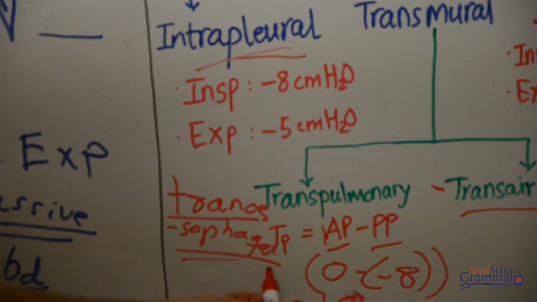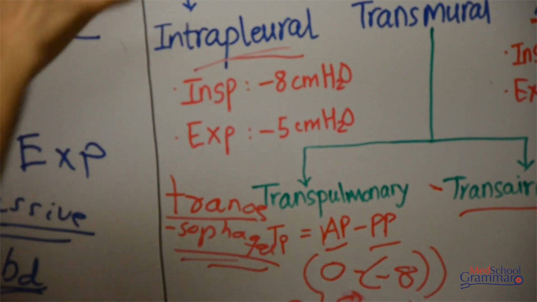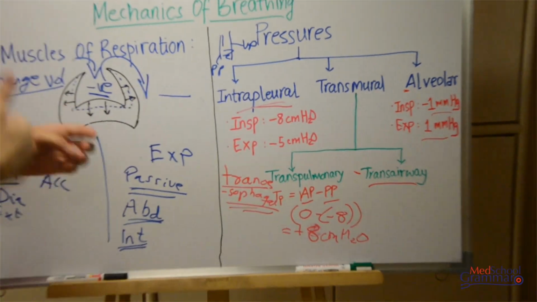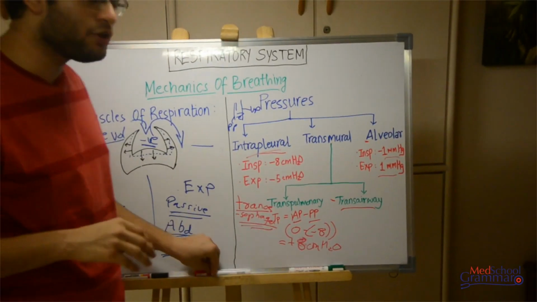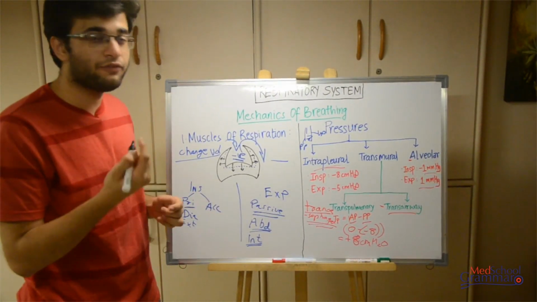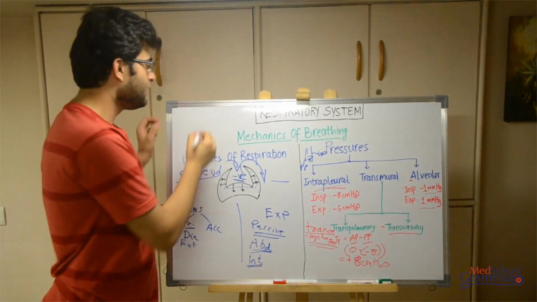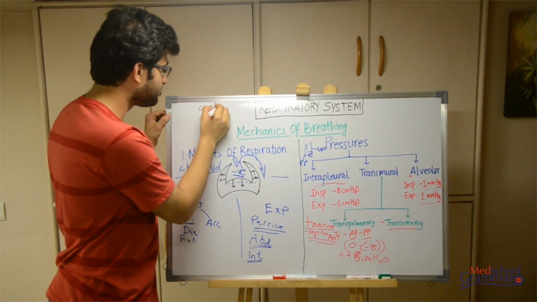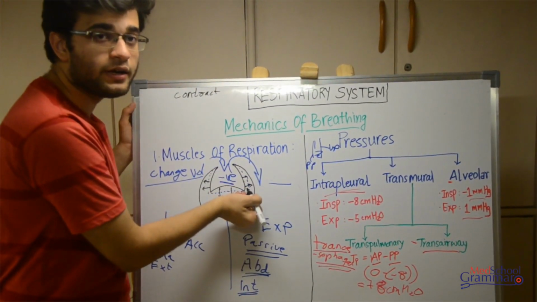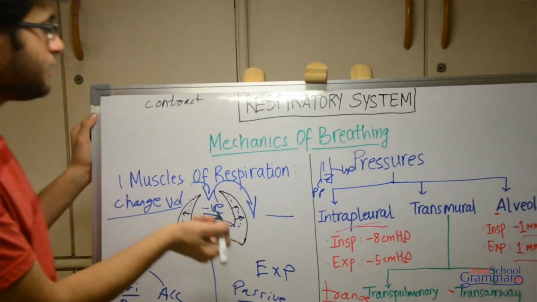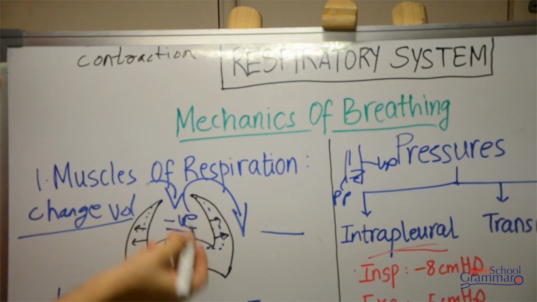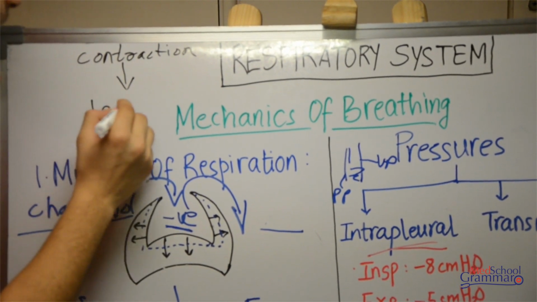So that is all about the components of mechanics of breathing. These are all the factors that affect how you breathe. Now seeing the actual process of breathing. The actual process of breathing begins with the first step: during inspiration it begins with the contraction of the diaphragm and your intercostal muscles.